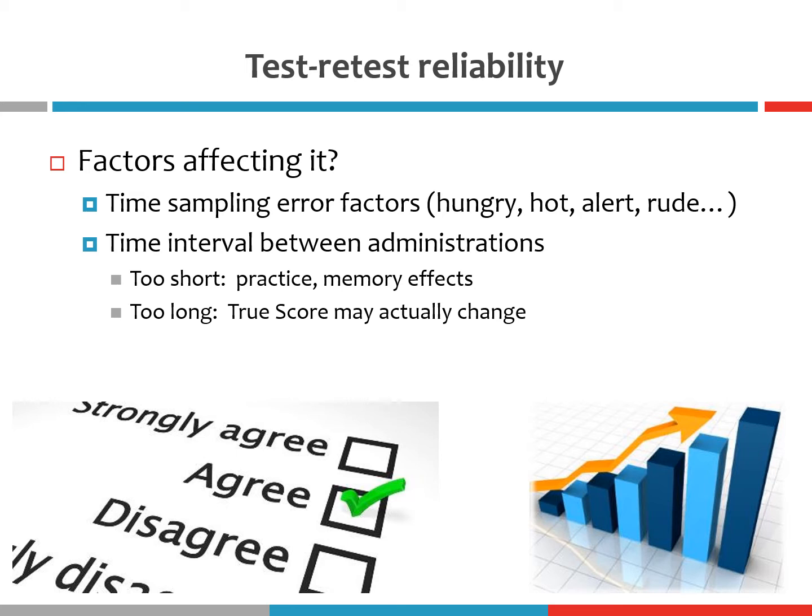If I administered my first test at the beginning of Psych 101 and my second test at the end of your senior seminar, your last psychology course, then obviously we would expect your true score to have changed dramatically as a function of your experience, right? So these are all things that we should be aware of when using the test-retest method of assessing reliability.